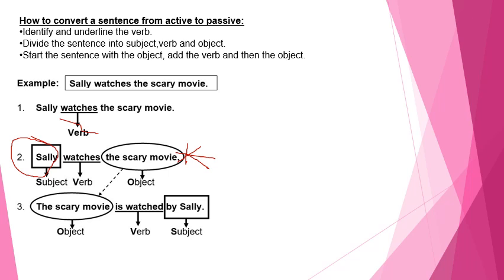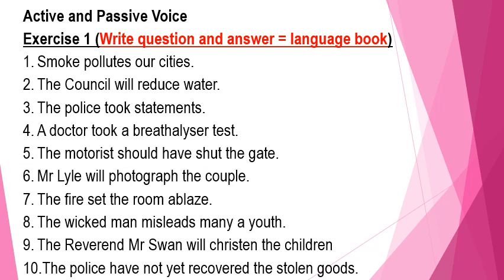So Sally is your subject, watches is the verb, and the scary movie is your object. Then you will start with your object. The scary movie is watched, and please remember the word by Sally.